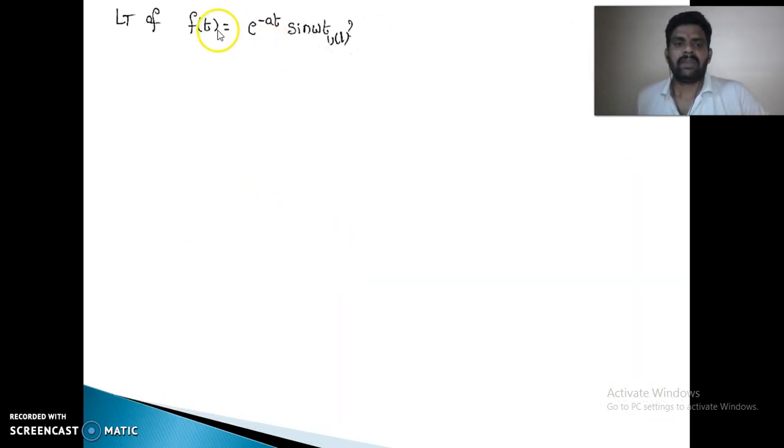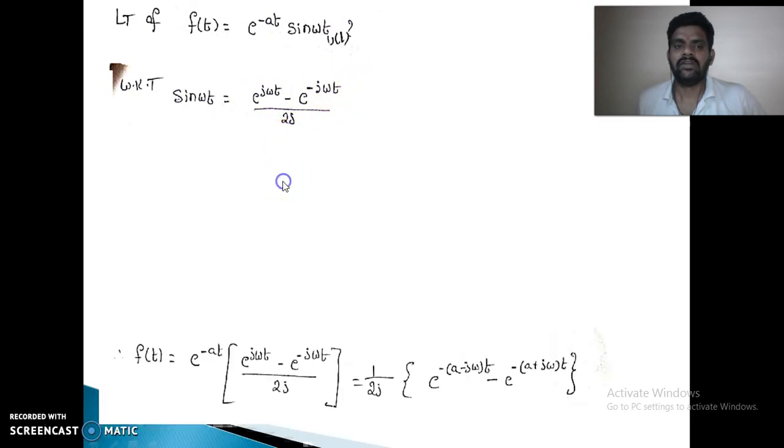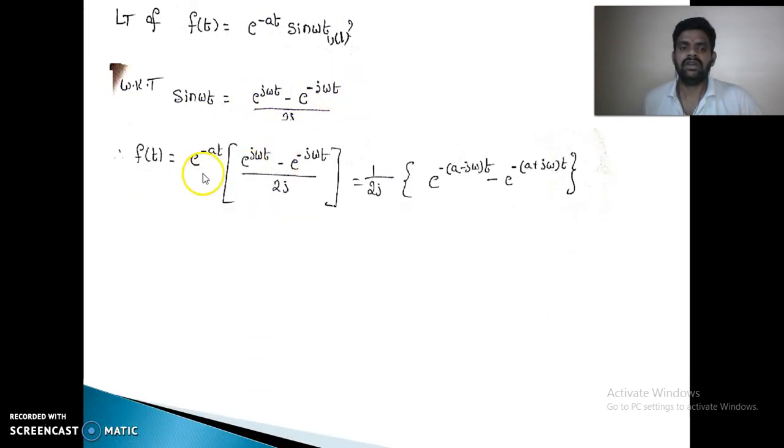Next we will see multiplication, e power minus at into sin omega naught t. So multiplying the exponential with a sine function. Sin omega naught t is e power j omega naught t minus e power minus j omega naught t by 2j. Substituting these two here, it becomes 1 by 2j integral of e power minus of a minus j omega naught t minus e power minus of a plus j omega naught t.